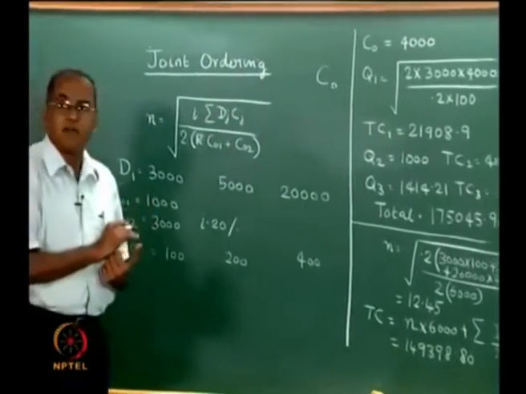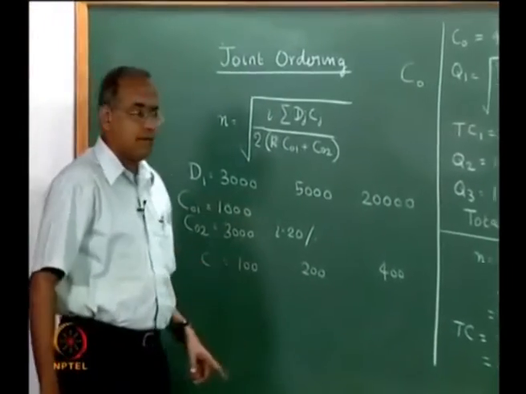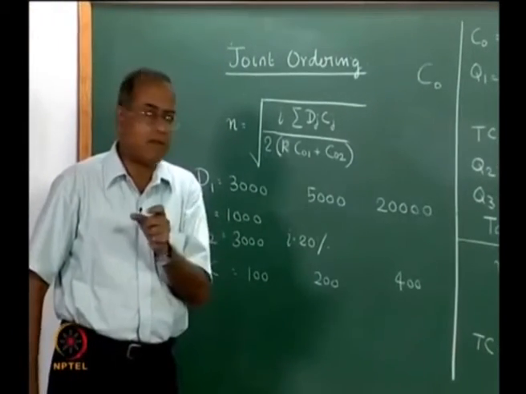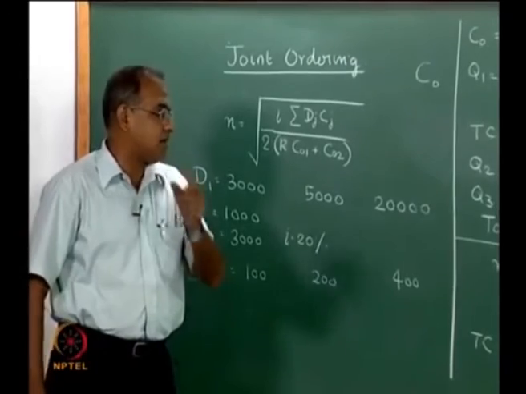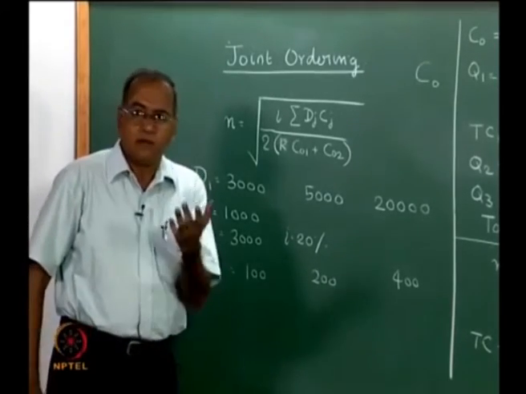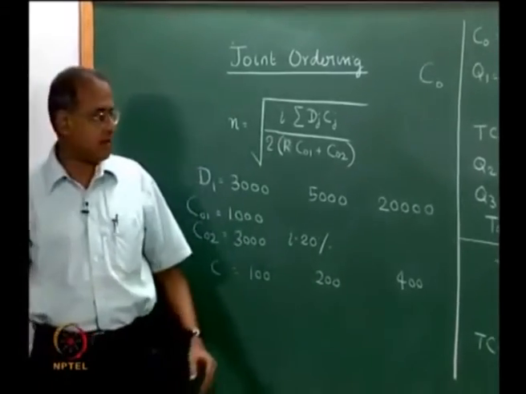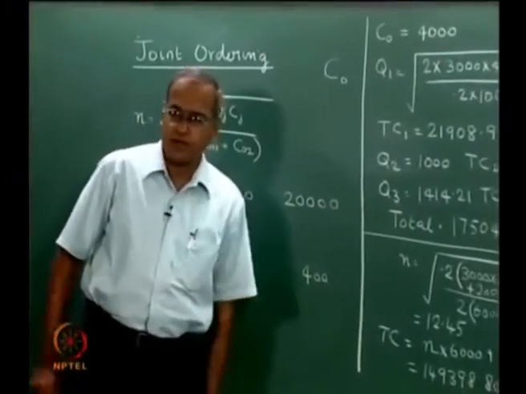There will be a reduction in the order cost because of the saving, but then there will be a slight increase in the inventory carrying cost because the order quantities will change, but then the sum of the order cost and carrying cost comes down significantly.